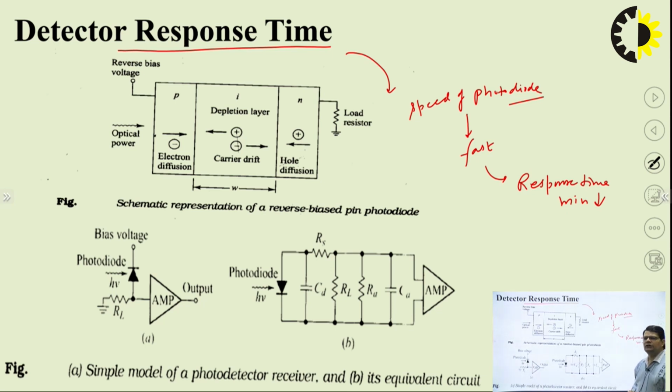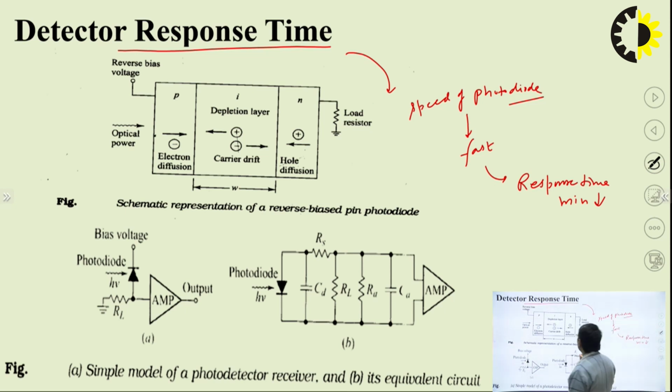So we have to study the factors which are responsible for detector response time, or what are the factors that make the detector response speed slow, and what are the factors which contribute to making the detector response fast.